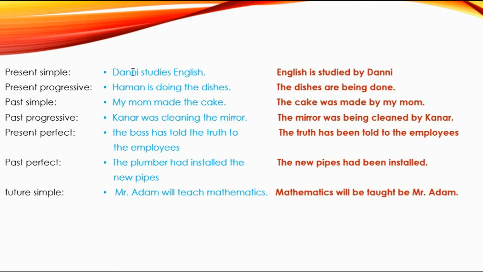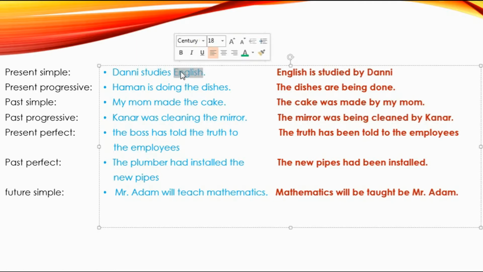We have a subject, Danny studies English. So this is my sentence. When I change it to passive voice, I have my object here. These are all transitive verbs, because we can only have transitive verbs to create passive voice. My object is English. Because it's my object in my active voice, it should be my subject in my passive voice.